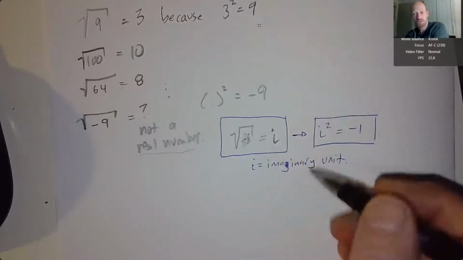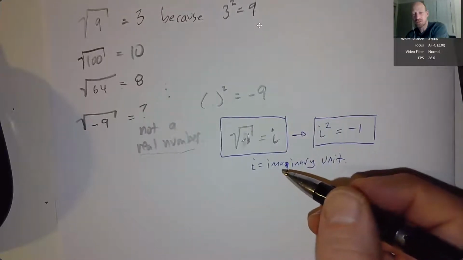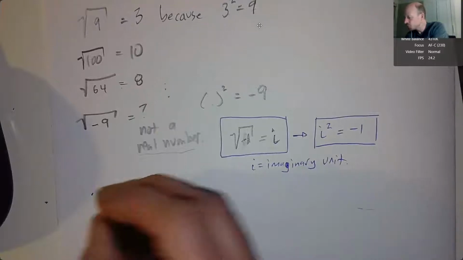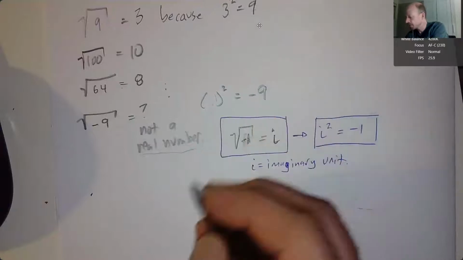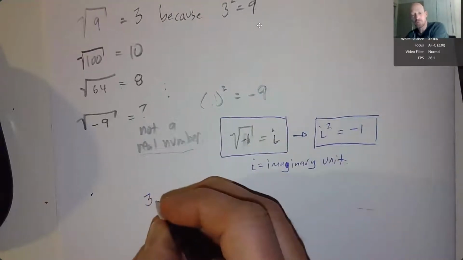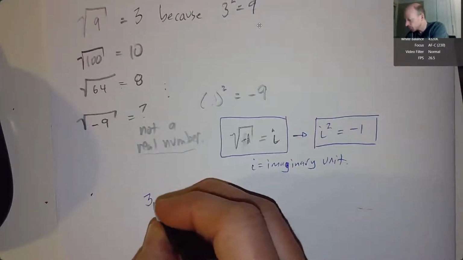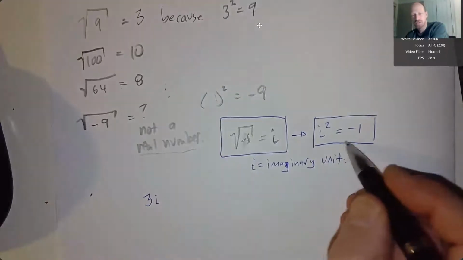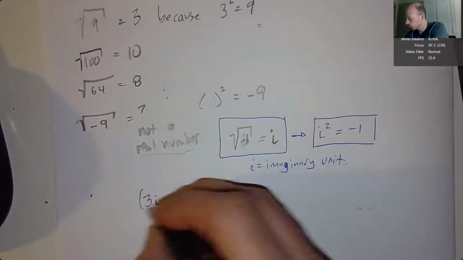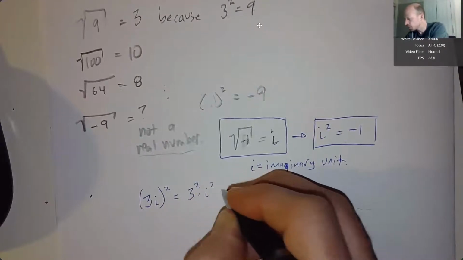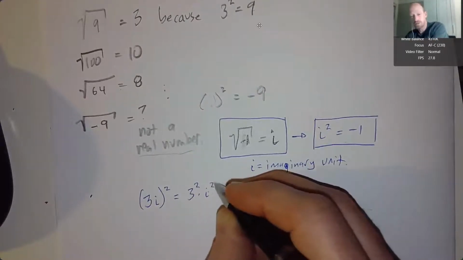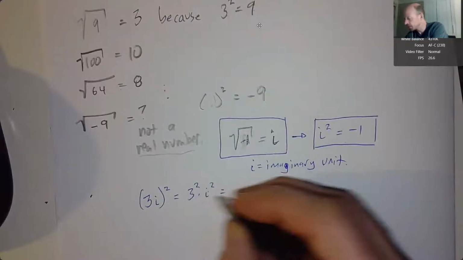So once you introduce this imaginary unit, then I do know a number that when I square it gives me -9. The 3 squared would give me 9, and the i squared is going to give me -1. So 3i squared is 3 squared times i squared, which is minus 1, times 9.